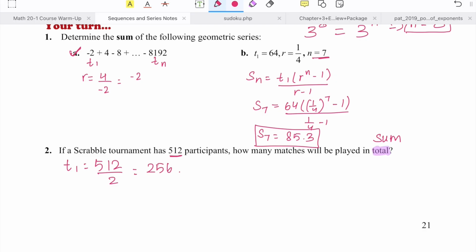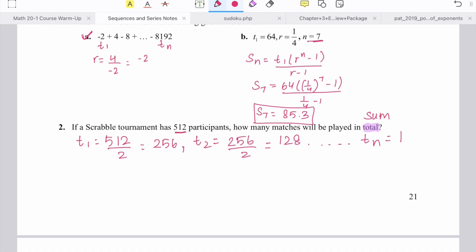The second round, T2, would again be divided by 2, which is 256 divided by 2, 128, and so on, until Tn will be? Tn would be 1, because there will be only one match at the end.